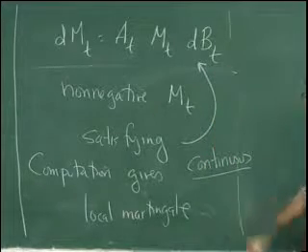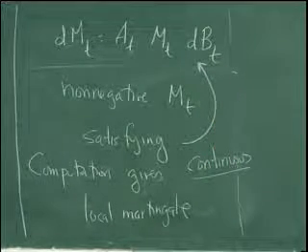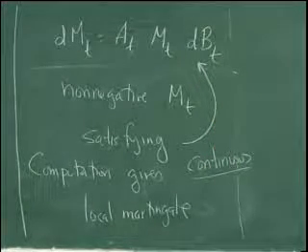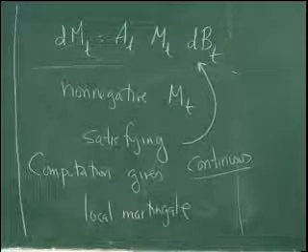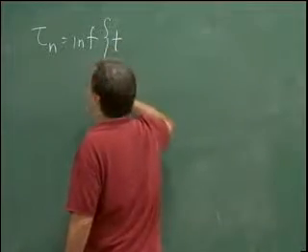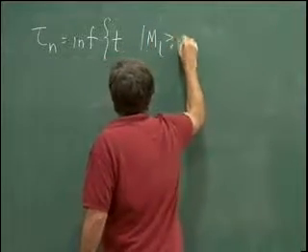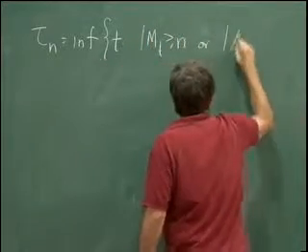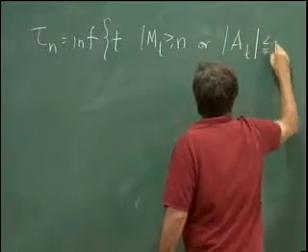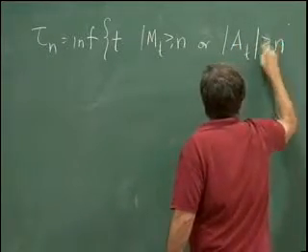I'm also assuming continuous, which means continuous paths, continuous local martingale. Let tau sub n be the first time that M_t is bigger than or equal to n, or A_t is bigger than or equal to n.